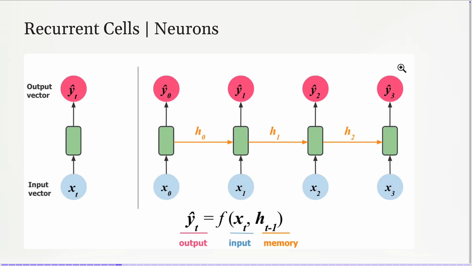So it solves the problem of memory, but only to some extent. This is one of the issues that we will talk about in more depth later on. So the idea here is that the output is just a function of the input and the hidden state, which is the memory.